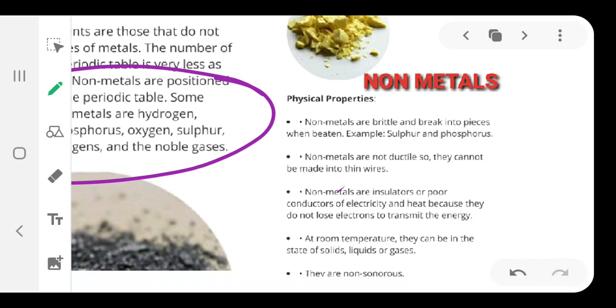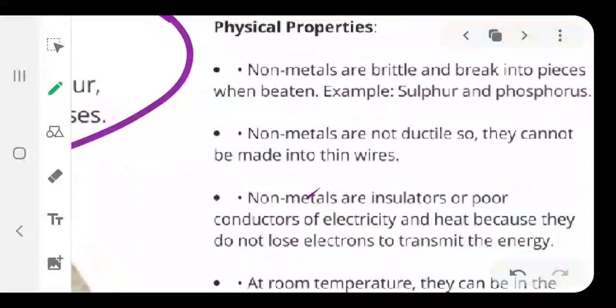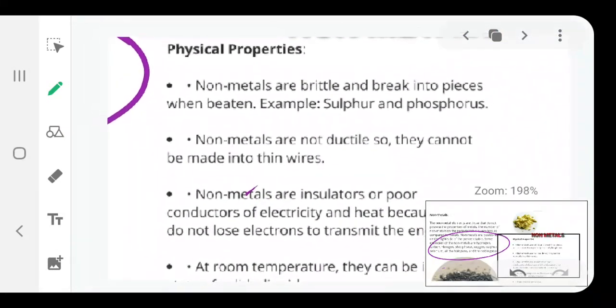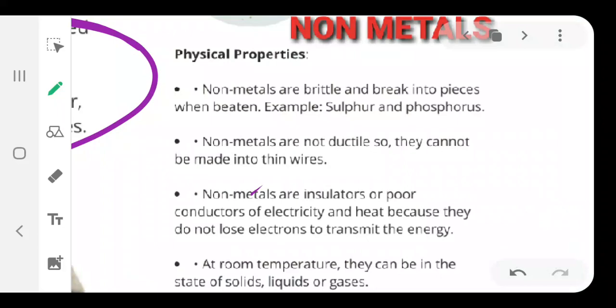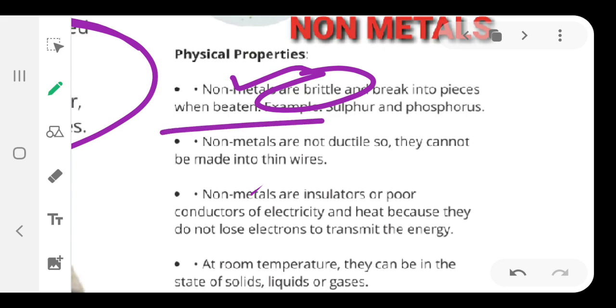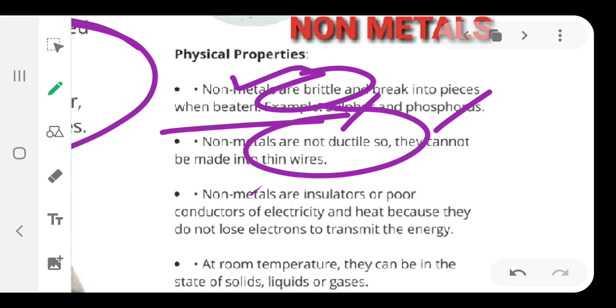As far as the physical properties go, whatever you have learned in the case of metals is just the opposite here. Non-metals are brittle. We have told you they can break up into pieces. Examples are sulfur and phosphorus. Then non-metals are non-ductile. You can't obtain wire from them. Then non-metals are insulators. Insulator means they are not good conductors of electricity.